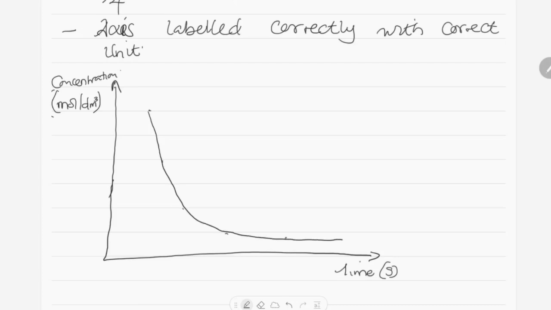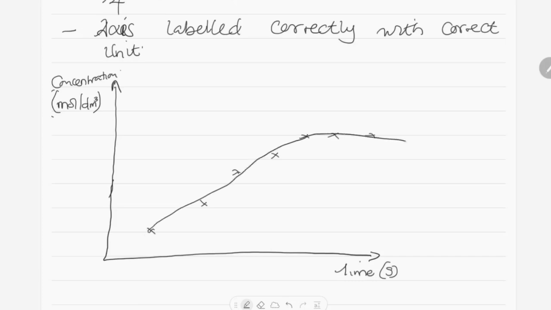So it has to be smooth. Or maybe the graph is going like this. Points have to be visible like that. So join the points like that and form a smooth curve nicely.